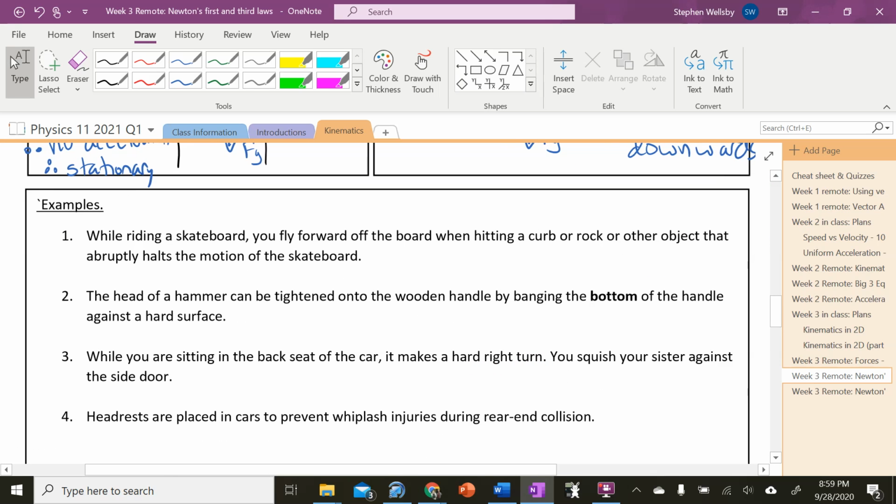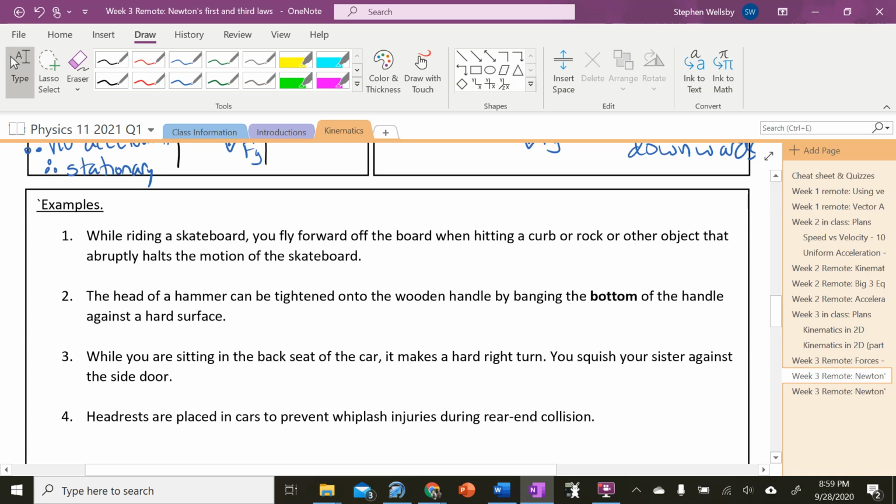Okay, so here's some examples of it, and we can think about how these apply to Newton's first law. While you're riding a skateboard, you fly forward off the board when you hit a curb or rock or other object that abruptly halts the motion of your skateboard. So in this particular case, you, the skateboard rider, are the object that we're referring to with the inertia.